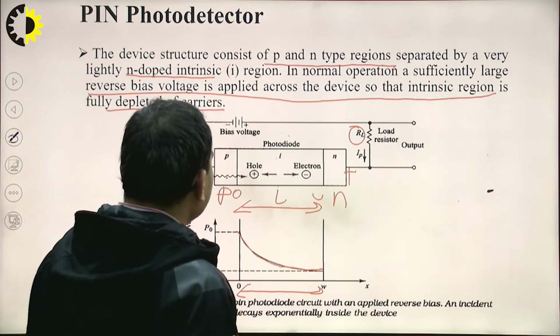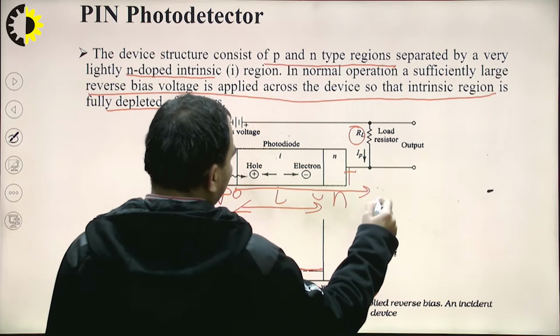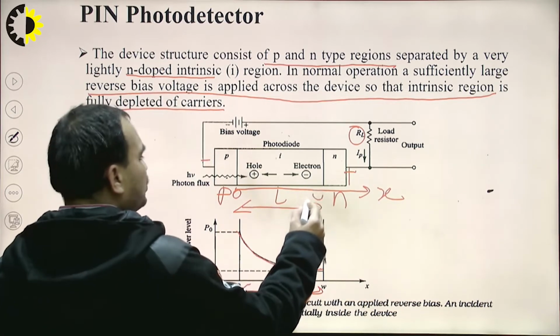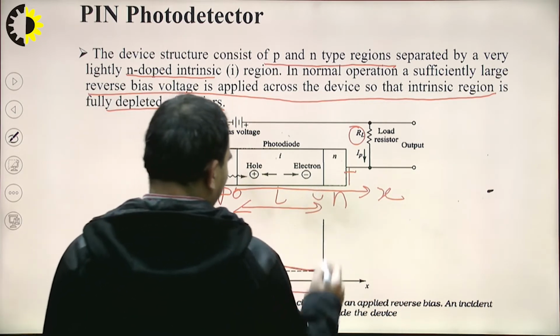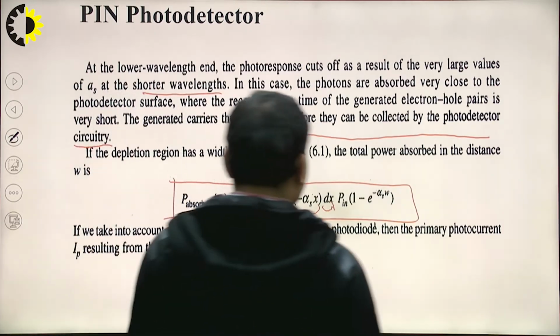Let's consider the distance along the x-axis varying from 0 to W, where W is the width of the photodetector.